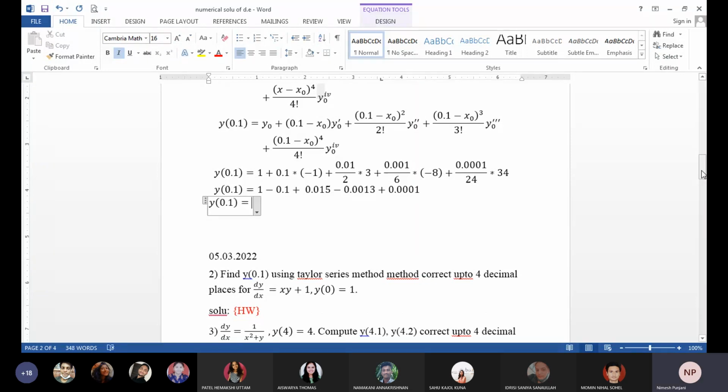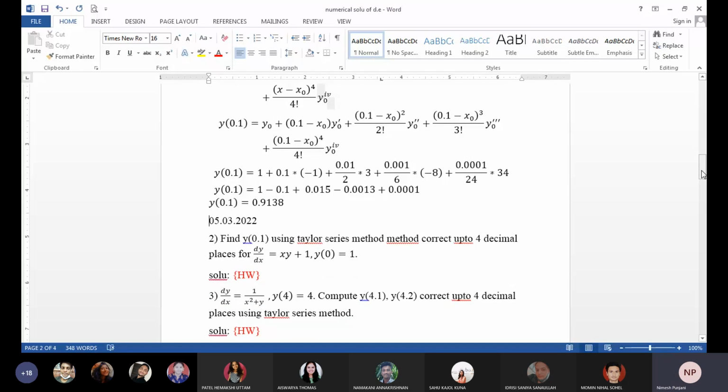Yes, now we simplify and put in those values here. So 1 minus 0.1 plus 0.015 minus 0.0013 plus, so 0.9138. This is the answer of y of 0.1.